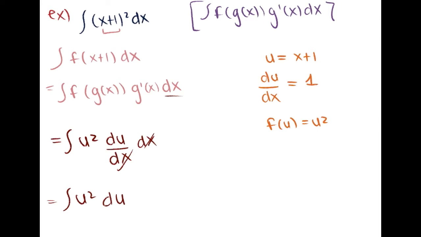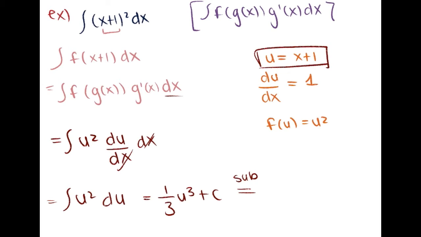It's a much easier integral. That is just going to be 1 over 3 u cubed plus a constant. And all you have to do now is sub in your u value back in. So you get your final answer. 1 over 3 x plus 1 cubed plus c.